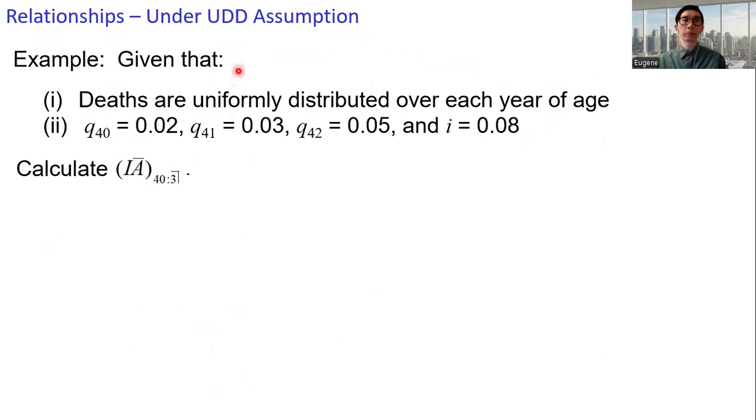Another example. Given that deaths are uniformly distributed over each year of age, and you are given the following probabilities, q40, q41, q42, and interest rate i is 0.08. Calculate the 3-year term annually increasing insurance at age 40.